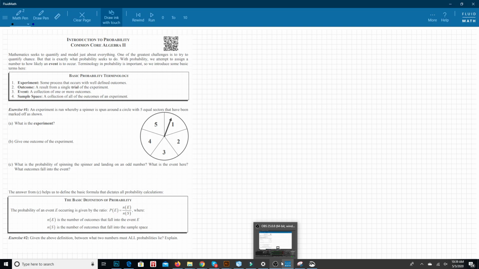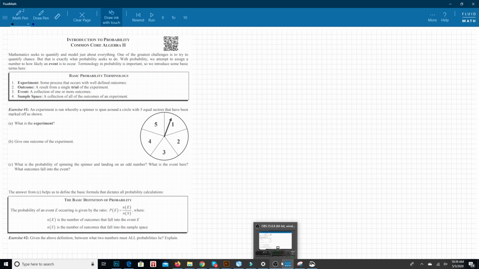C says, what is the probability of spinning the spinner and landing on an odd number? Well, how many odd numbers are there from 1 to 5? There's 3: 1, 3, and 5, right? And what is the event here?